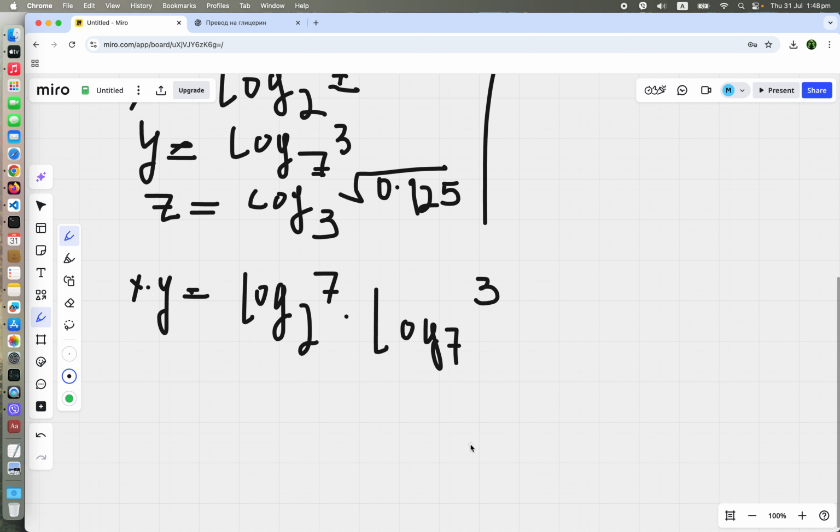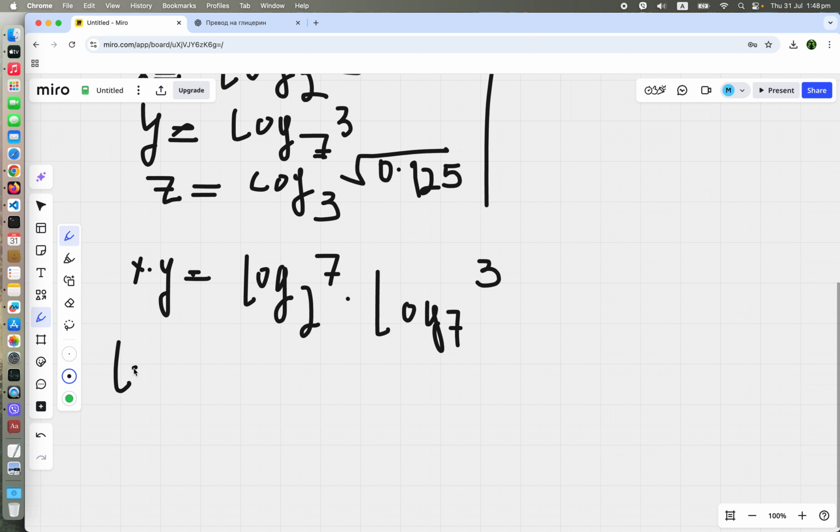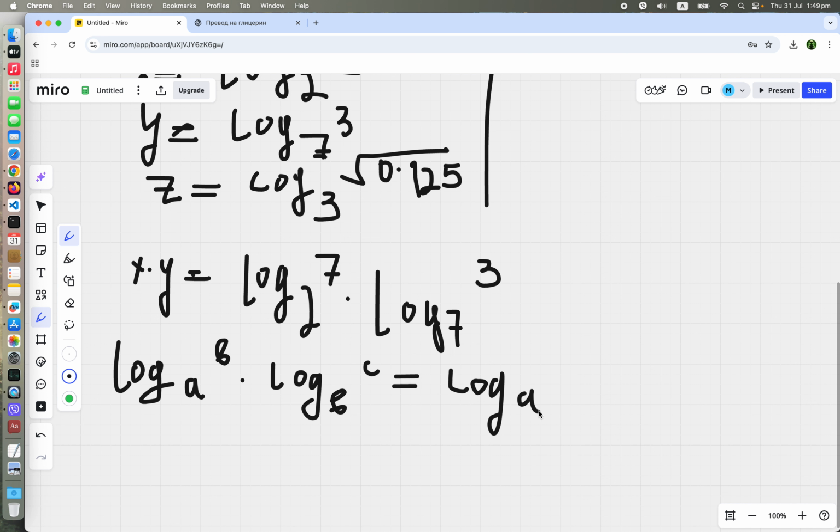And now we can use a formula which is really helpful in this case: logarithm base a of b times logarithm base b of c is the same as logarithm base a of c. It's so simple.